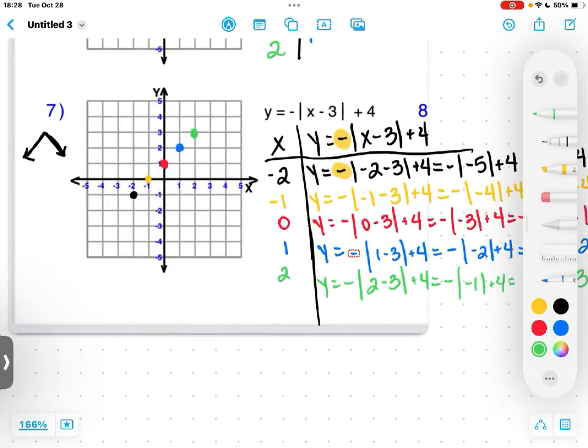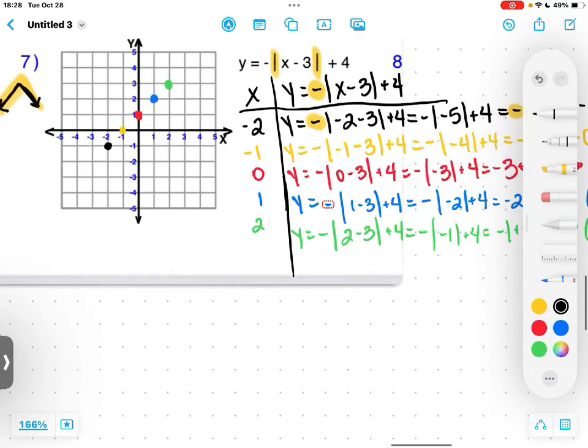Okay, so notice what's happening. What looks like a straight line, what you need to remember is that due to the absolute value symbols, we have to have a V. So don't automatically assume just because you've plotted all these points that you have a new shape. Just try some more variables.